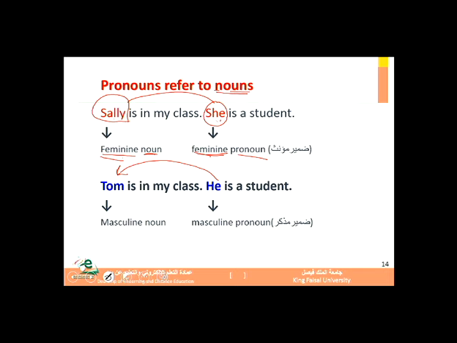The pronoun she refers back to the noun Sally. So Tom is a masculine noun. It has a masculine pronoun. So we have different types of pronoun. The idea is that the pronoun can refer back to the noun.